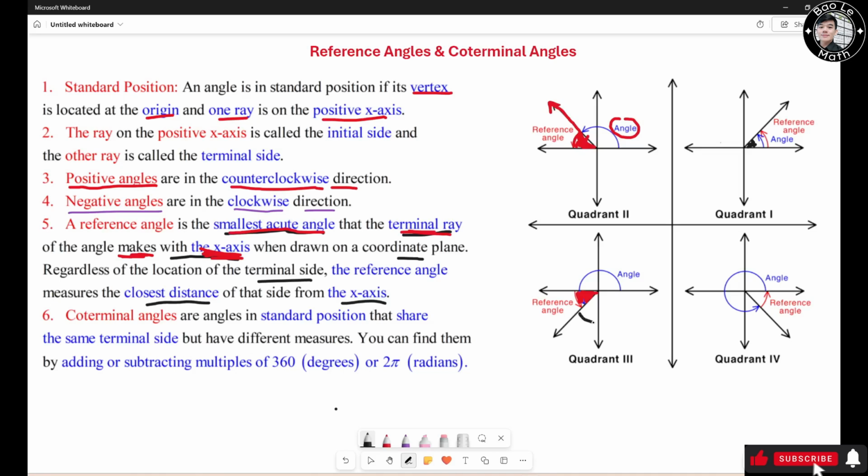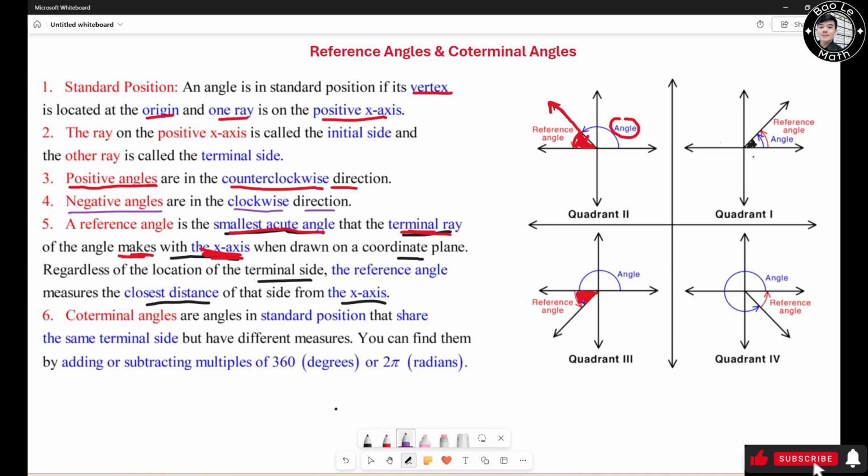They say this is the reference angle, but that's not the case, okay? So keep that in mind. Now, if the terminal ray is in the fourth quadrant, we see that the blue one is the angle, and then the reference angle must be this one, all right? Why we learn this is going to be extremely helpful when you learn the next topic, all right?